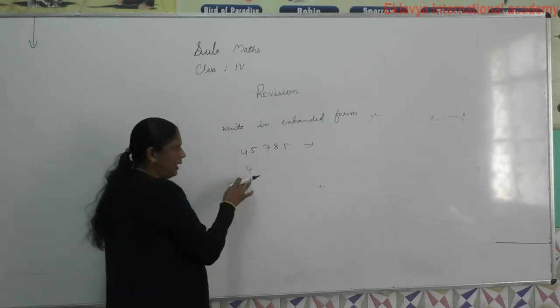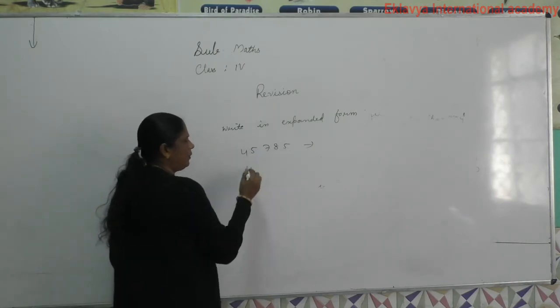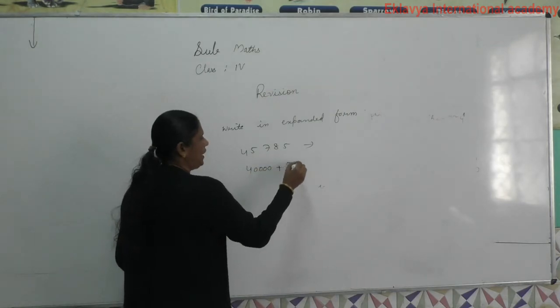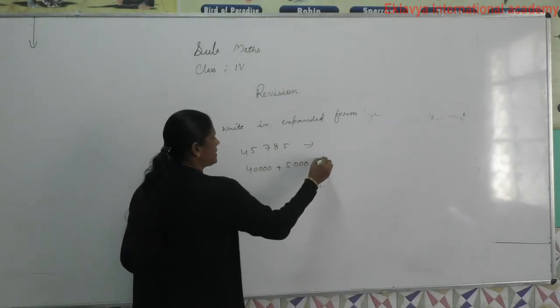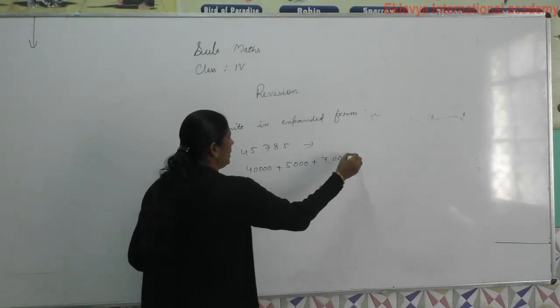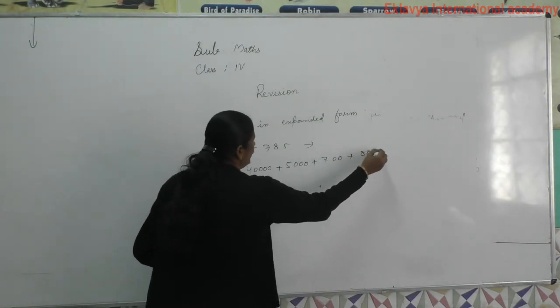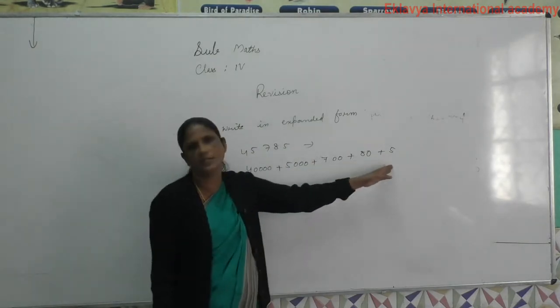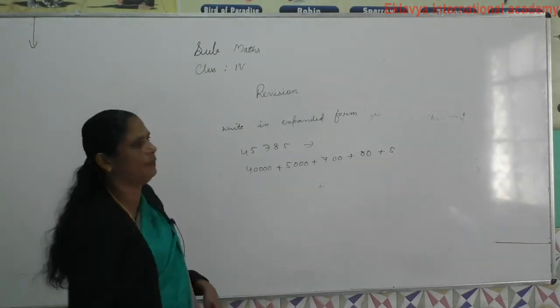How many digits are left here? 4. Put 4 zeros here. Plus 5, then 7, plus 8. Then there is no digit left here, so you write only this. This is the expanded form.